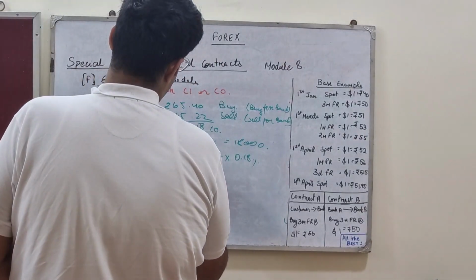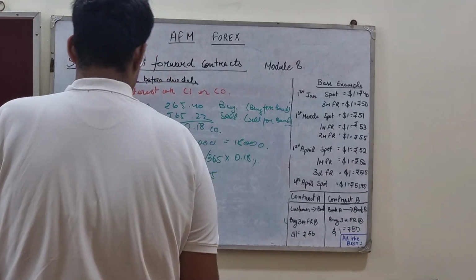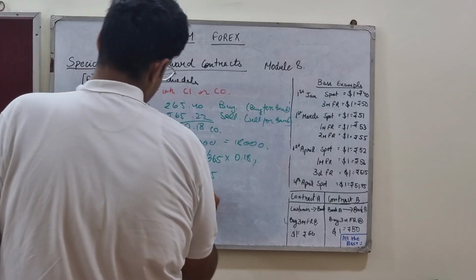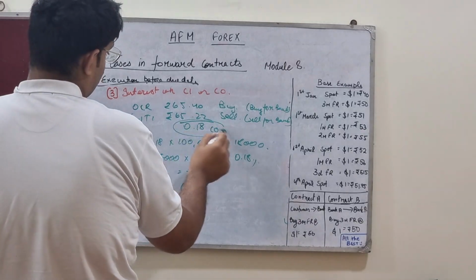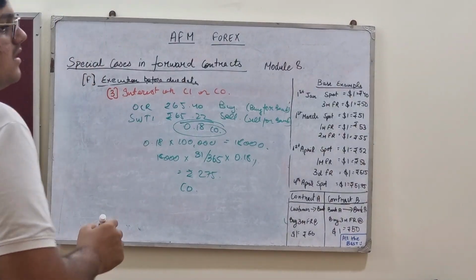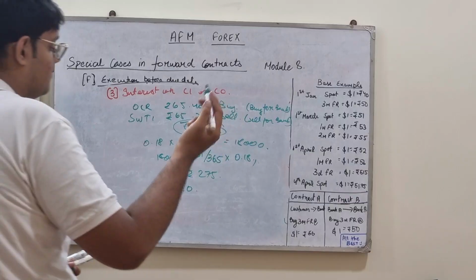This should come up to 275 rupees, which is another cash outflow for the customer because it is a loss to the bank. Cash outflow basically.